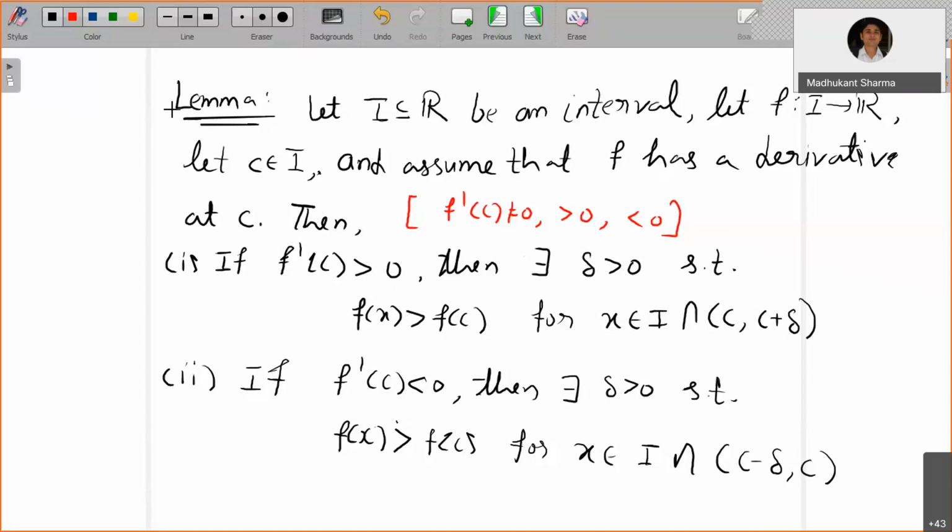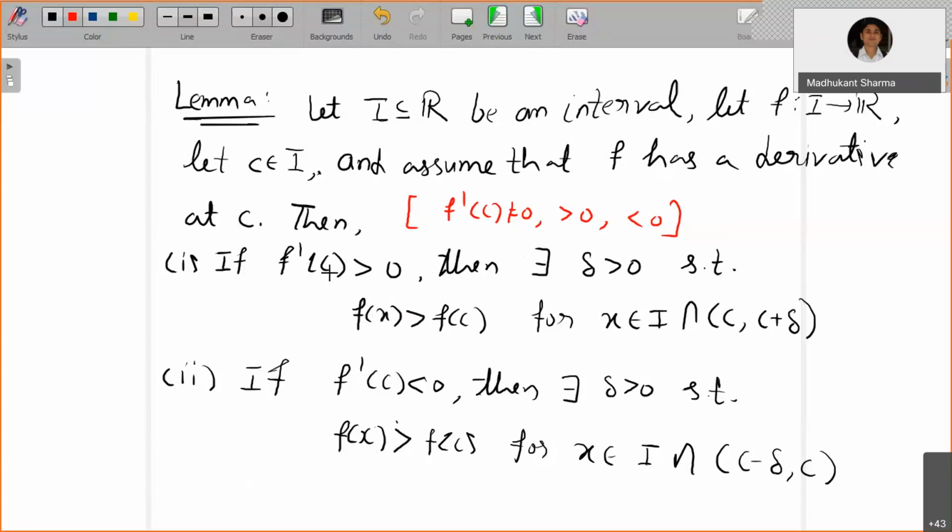So if f dash of c is greater than 0, then we are always able to find delta such that this happens. What it tells you is f of c is not a maximum, f of c cannot be a relative maximum, because you will find a point in I such that f of x is greater than f of c, sitting on the right of it.